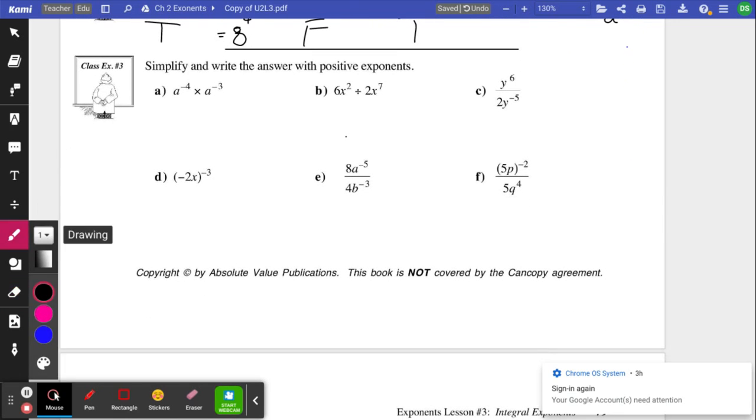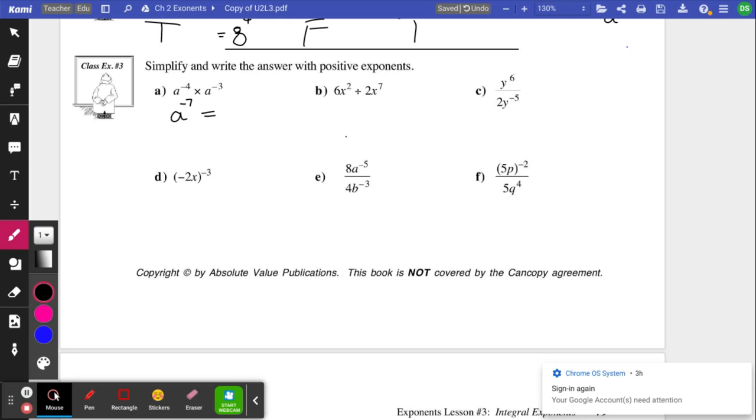Okay, simplify and write the answer with positive exponents. We can simplify like we've always done first. Two bases being multiplied, the bases are the same. What do you do to the exponents? Add them together. A to the -7. Right on. But now, we simplify, check. Next point is to write with positive exponents.